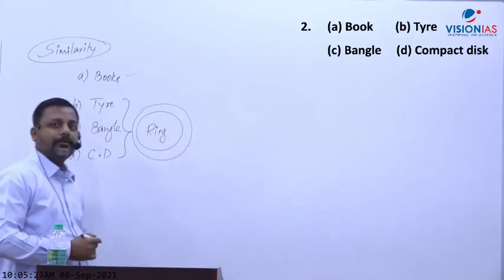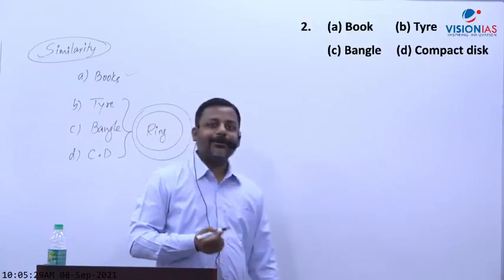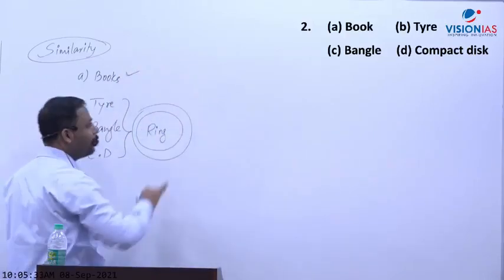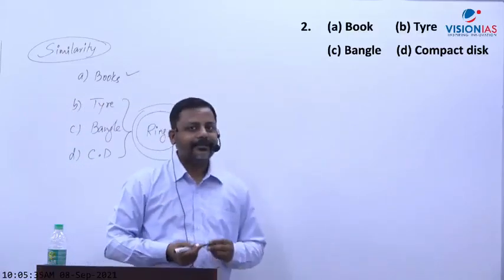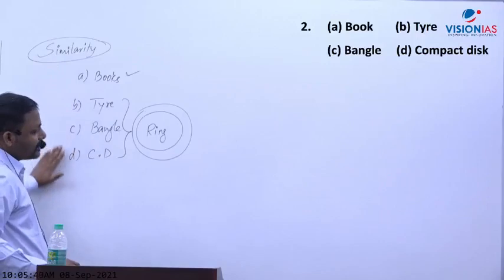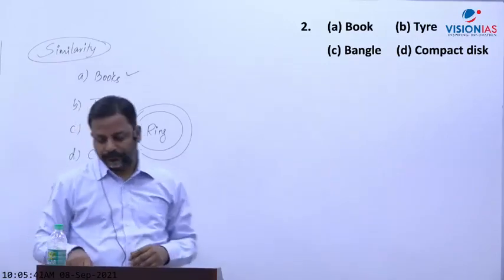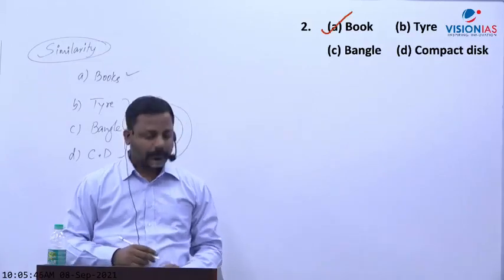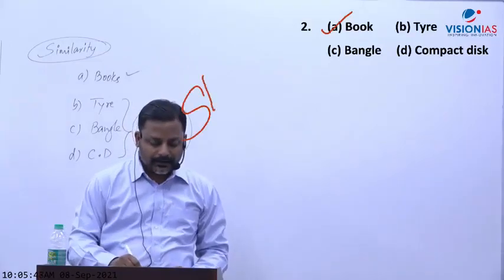But book is in the form of what? Cube, or either cube or cuboidal shape. So in this particular case, we will mark the answer book based on their shapes.